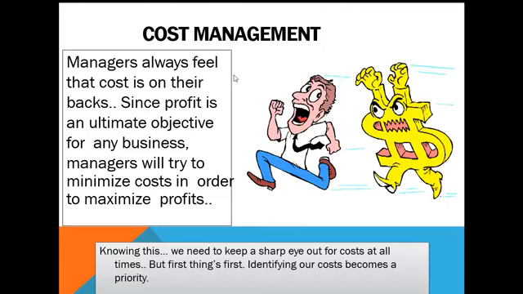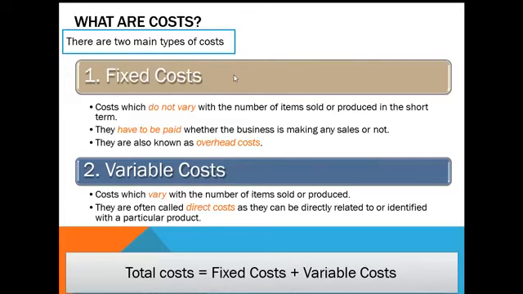But first thing first, what are these types of costs? Costs are divided into two, at least for the purpose of this lesson. We have the fixed cost and we have the variable cost. Fixed costs are the kind of costs that do not vary with the number of items sold or produced in the short time.